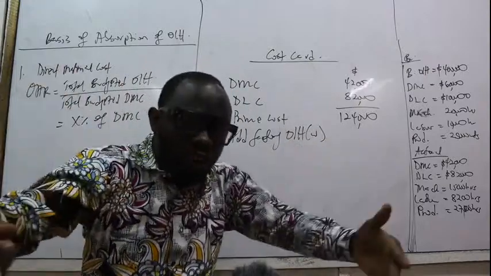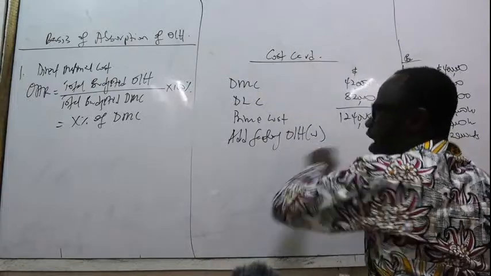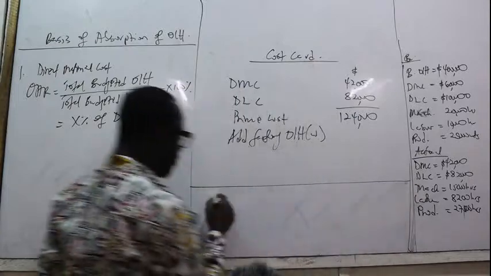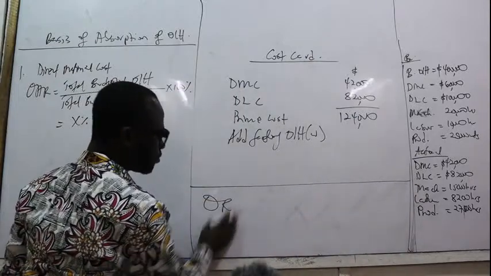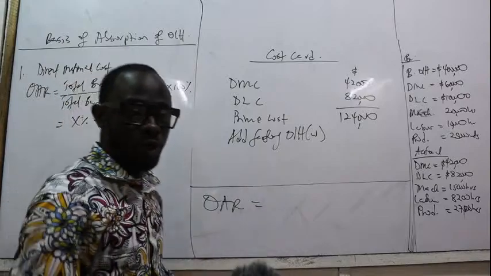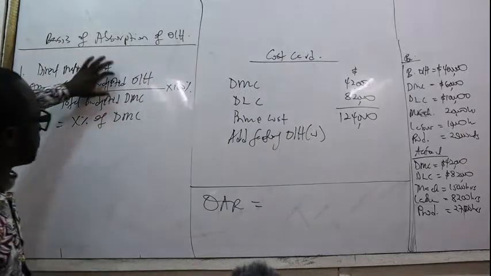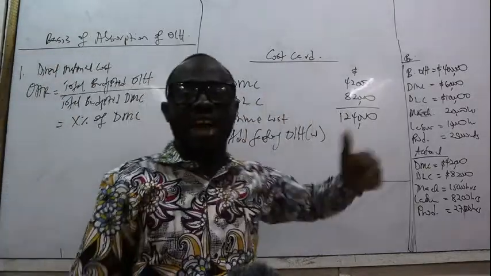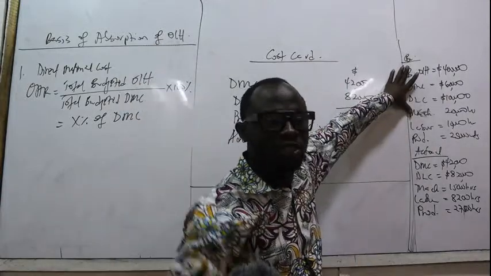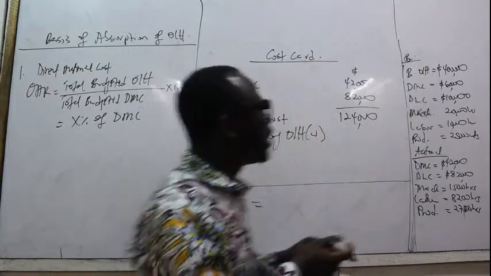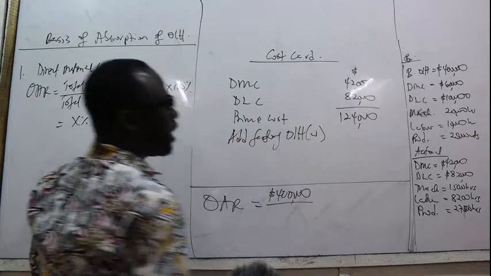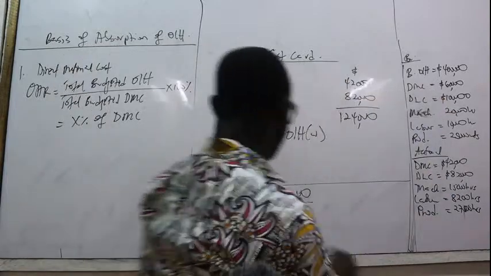To get a factory overhead, if we are absorbing the overhead using direct material cost, then we need to calculate the overhead recovery rate, or the overhead absorption rate. That is budgeted overheads divided by budgeted direct material cost times 100. So we go back to the budgeted information. Budgeted overheads is $400,000 and budgeted direct material cost is $60,000.